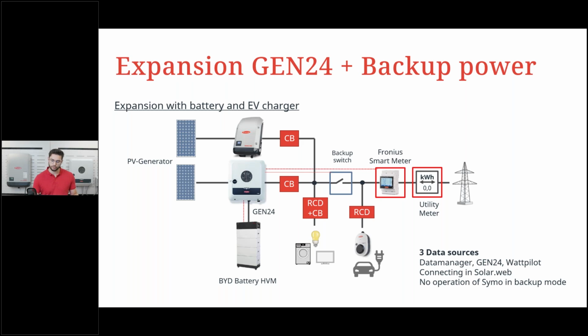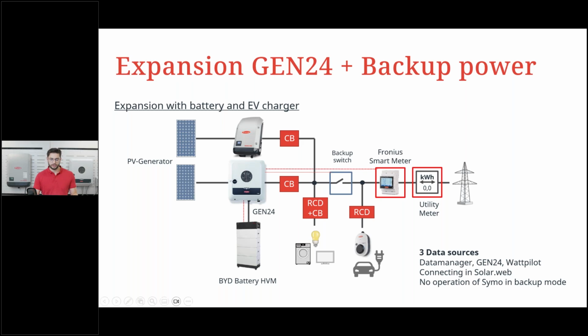The reason why we put the Wattpilot out of the backup scenario is it is not a mandatory load to have, or an emergency load, let's say. It is really important to have light and the basic function of the house up and running, but not necessary to have the big loads as well. This is why we put it outside.